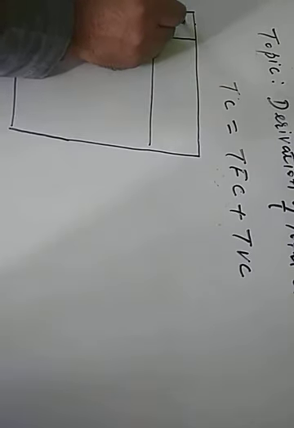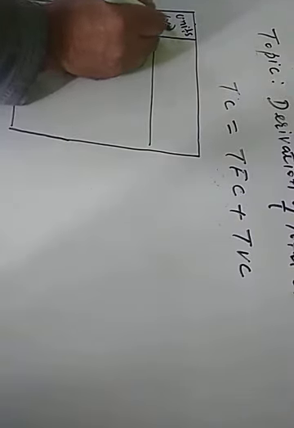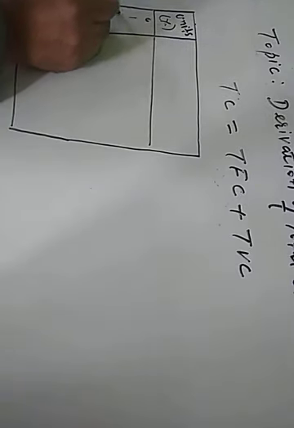In the first column we will take units of commodity produced, or different levels of output. Suppose the commodity produced is commodity X and units are 0, 1, 2, 3, 4 up to 5 units.